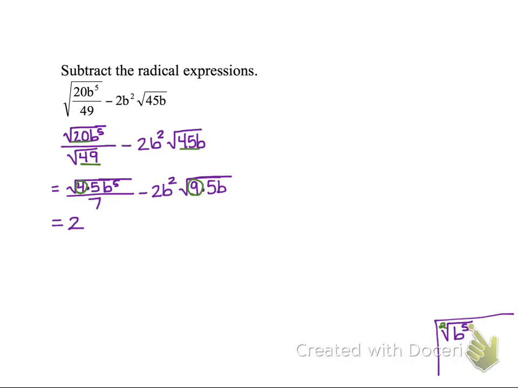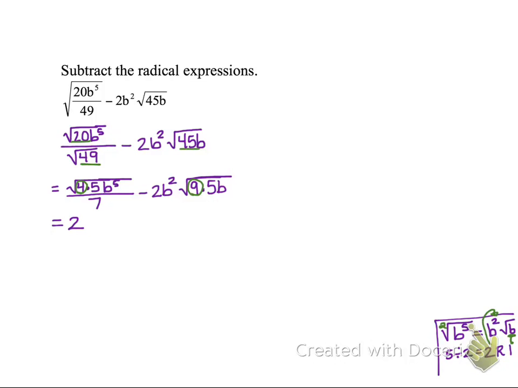So you take the power of the radicand, that's 5, and divide it by the index, which is 2. 2 goes into 5 2 times with a remainder of 1. So that means I can bring out b squared, but b to the first power has to stay underneath the radical sign. So the quotient becomes the power that you can take out of the radical sign, and the remainder becomes the power on the radicand that has to stay underneath the radical sign.